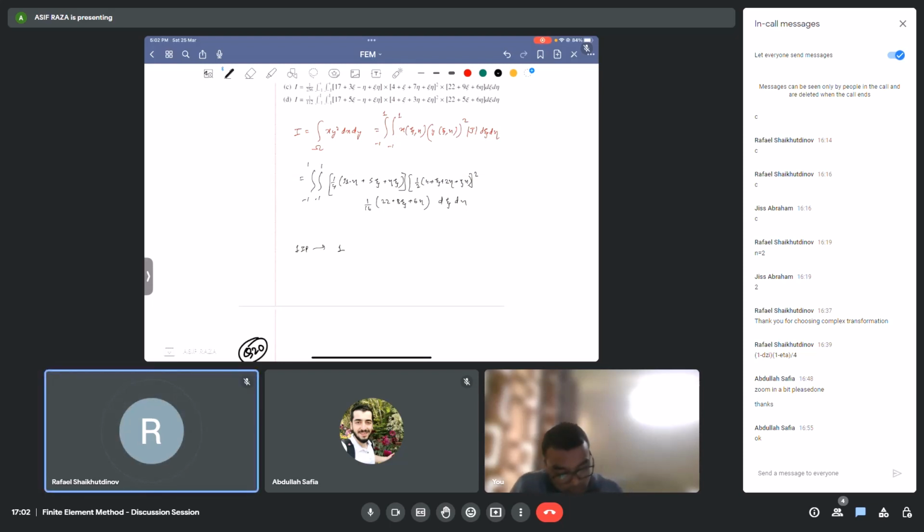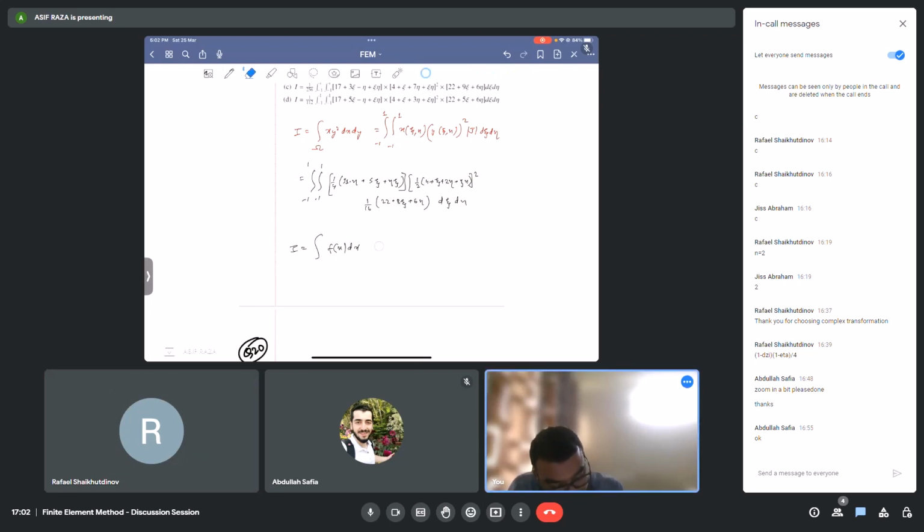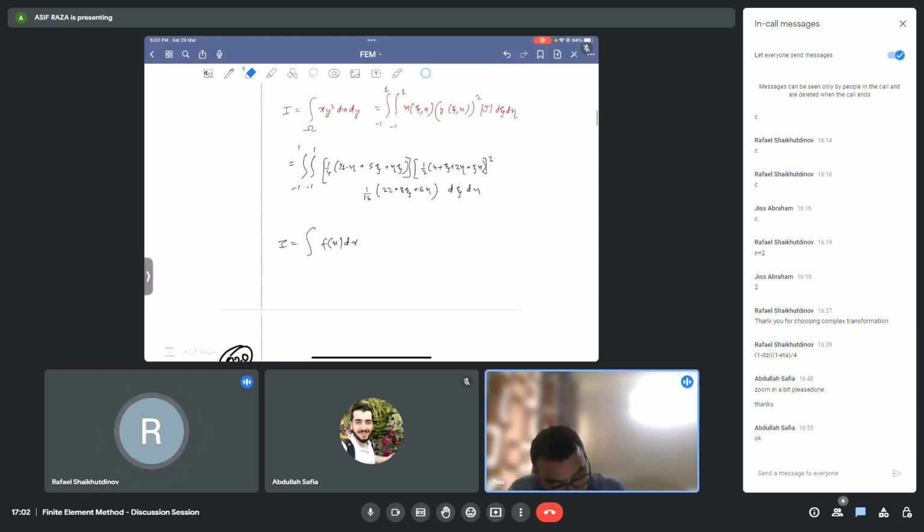How do we use the numerical integration? I know how to use it, but I forgot the order. In numerical integration, we just use the sum of wi fi.